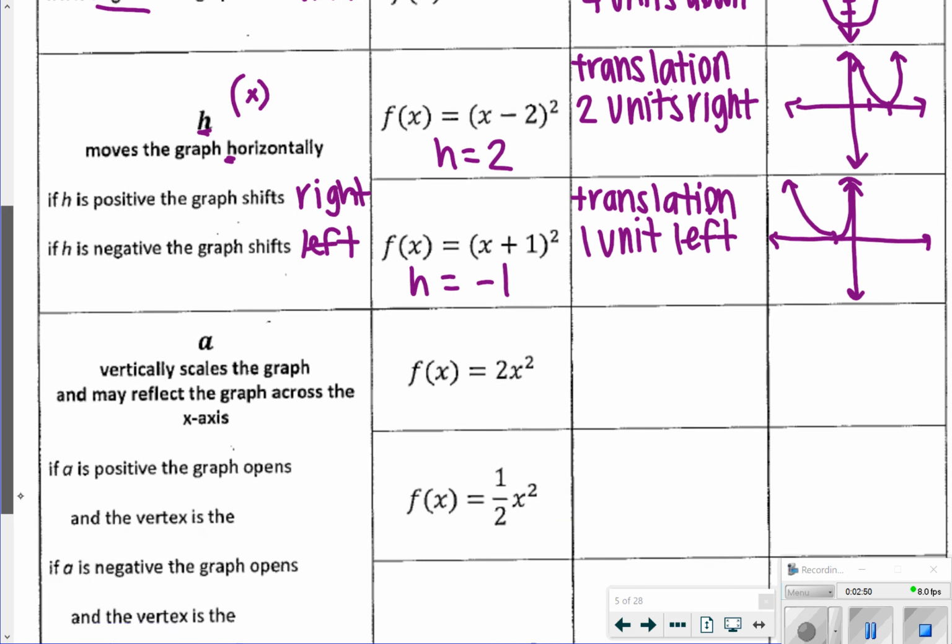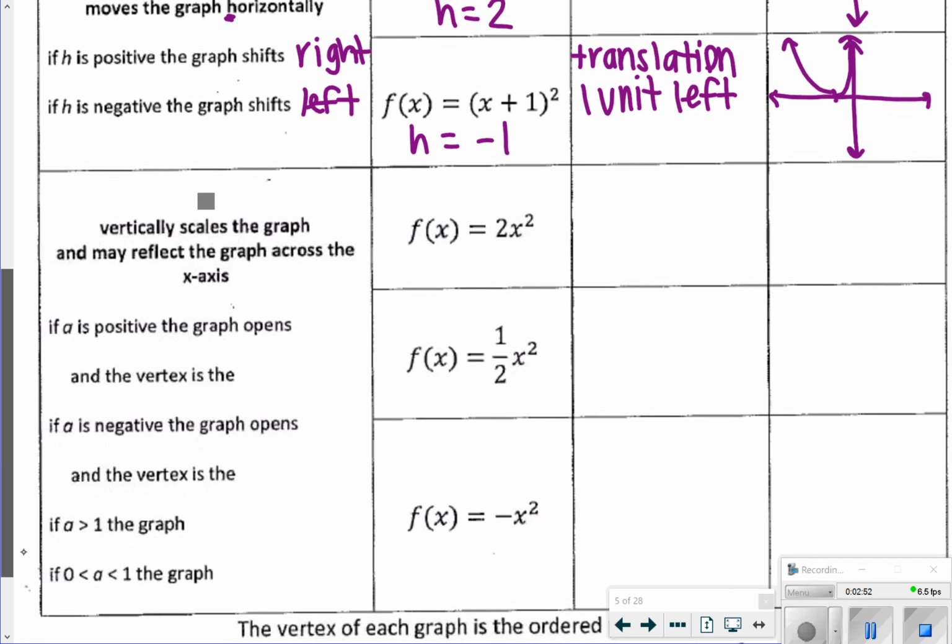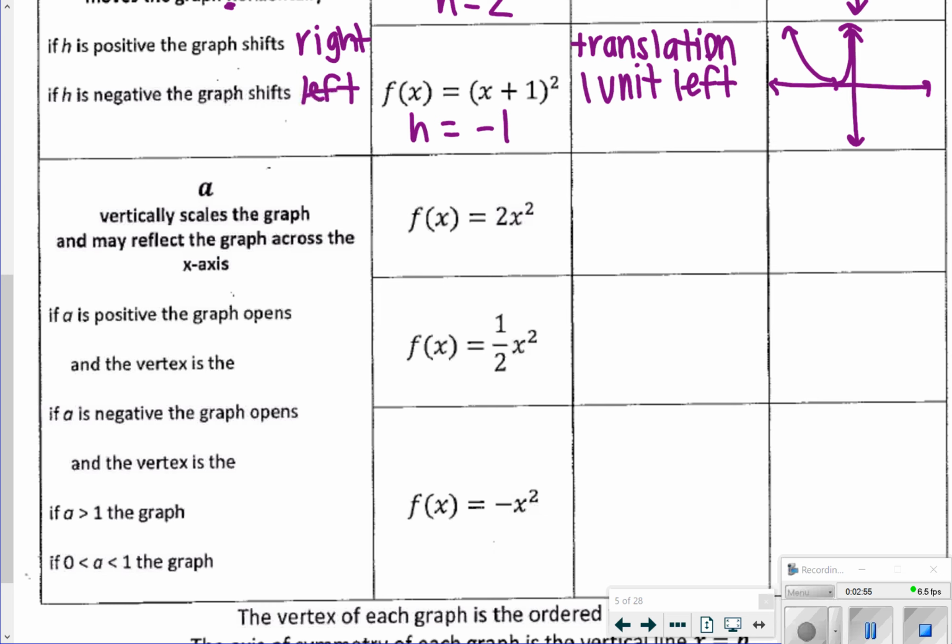The last section we're going to talk about is A, and just what happens when A is varied. If A is positive, the graph will open upward, and the vertex is the minimum. If A is negative, though, the graph will open downward, and the vertex is the maximum.